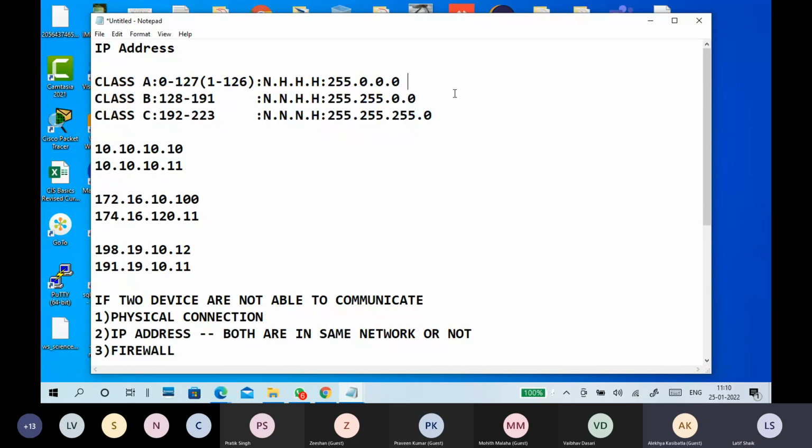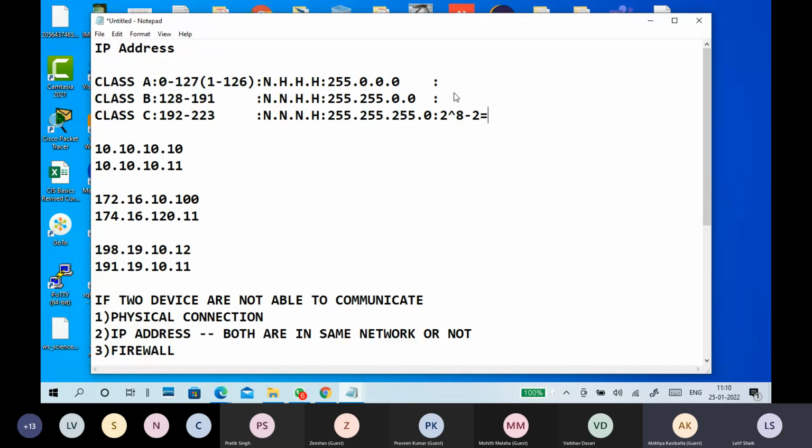Of course, yesterday I told one thing: the number of hosts per network is 2 to the power of 8 minus 2. Why minus 2?